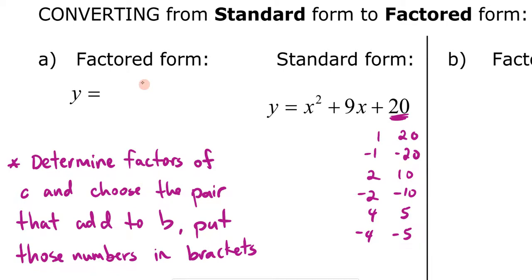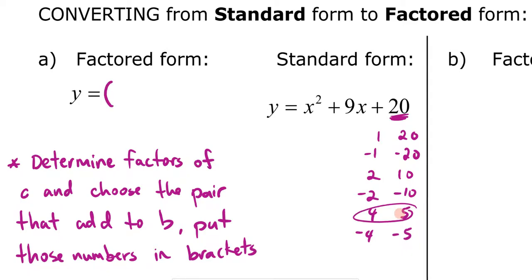Now, out of all these pairs, you have to find which pair will add up to the B term, 9. It turns out 4 plus 5 add up to 9. So I'm going to circle these two numbers.